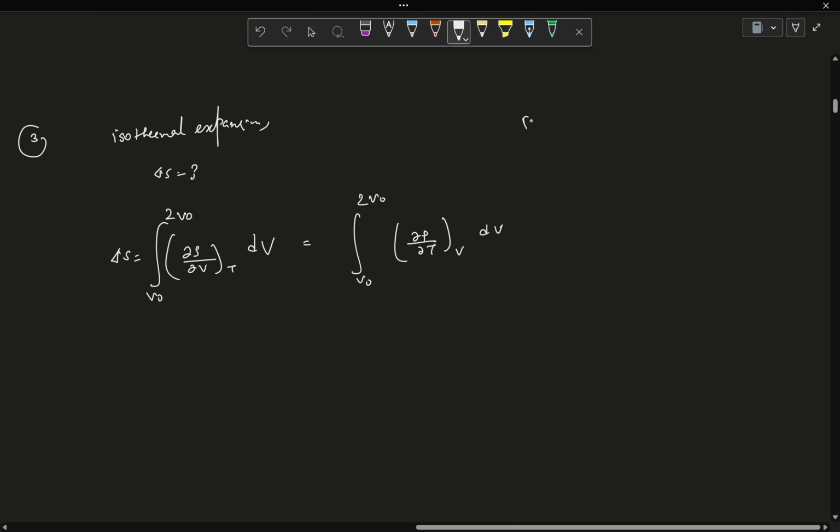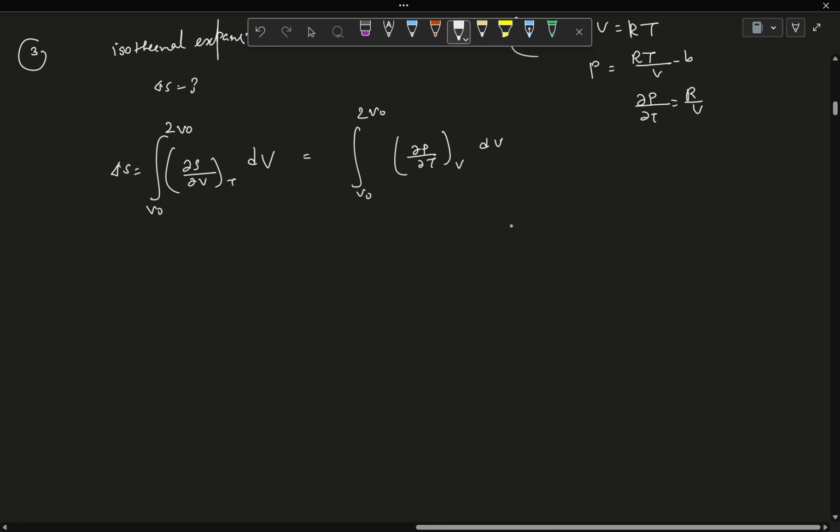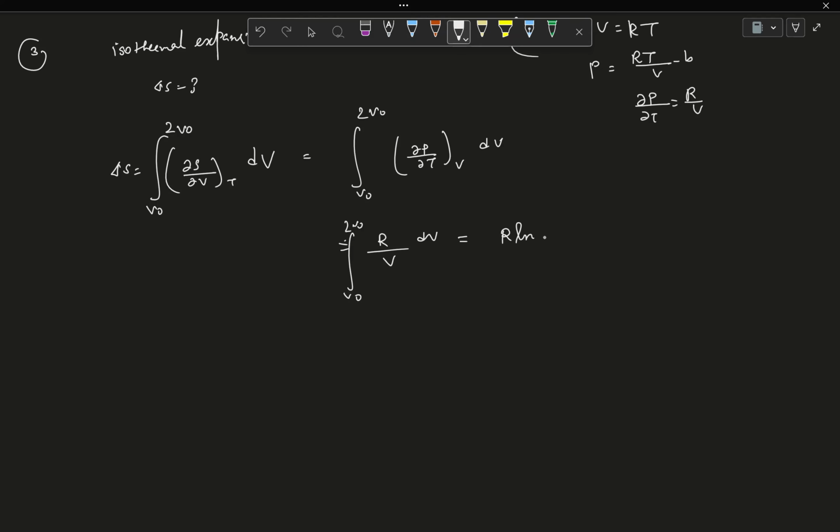Now the gas equation was given as P plus B V equal to RT. So P equal to RT by V minus B. So del P by del T is equal to just R by V. So this is R by V dV from V0 to 2V0. So this is R ln V from V0 to 2V0.